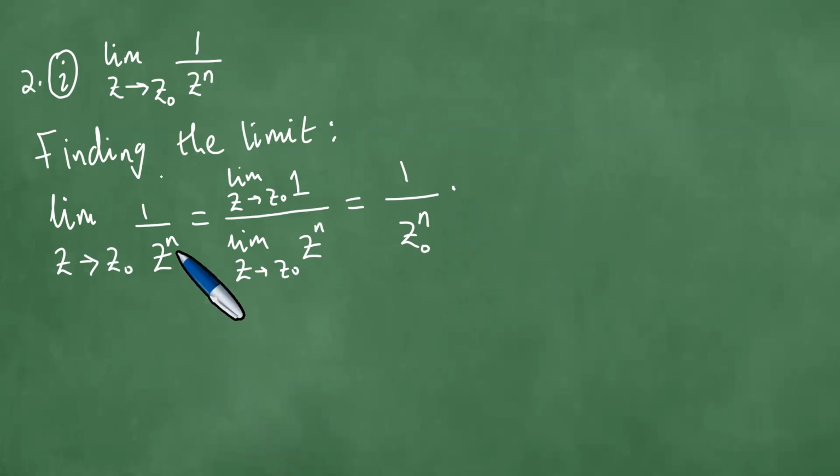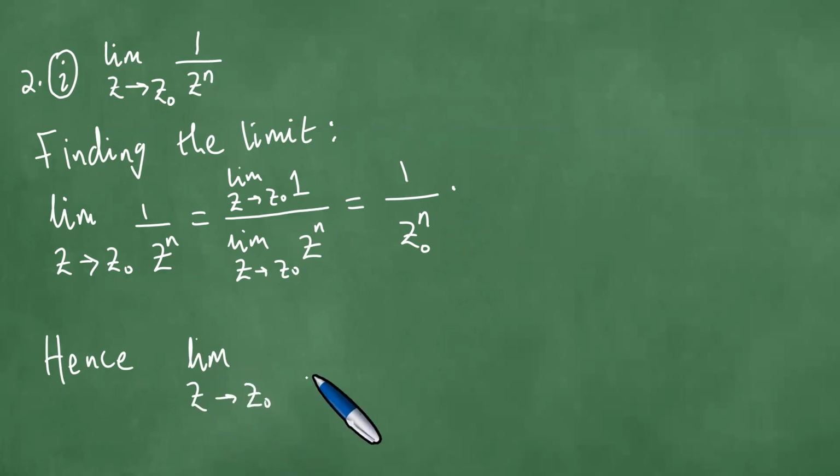Now we use the quotient rule of the limit here. So in the end, we say hence the limit as z approaches z naught of 1 over z to the n is 1 over z naught to the n. Okay, so that's what we have.